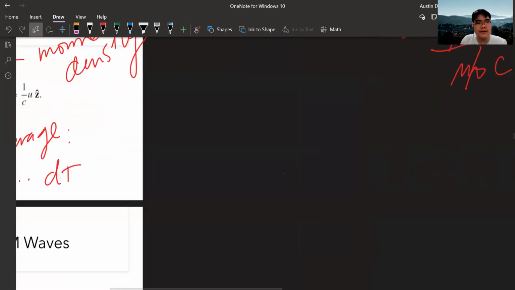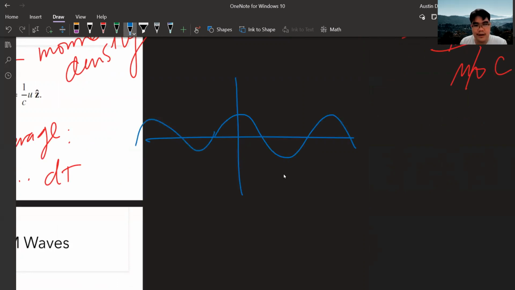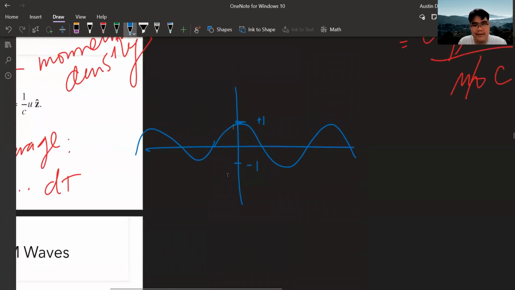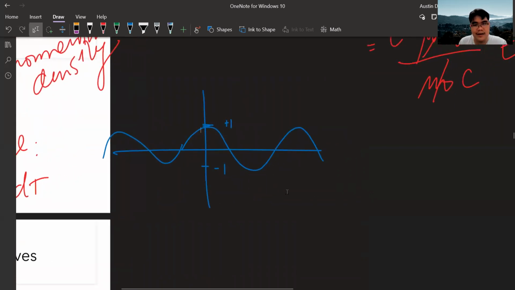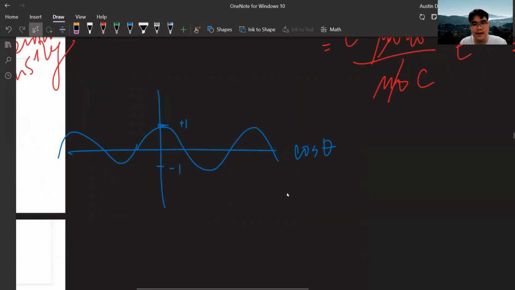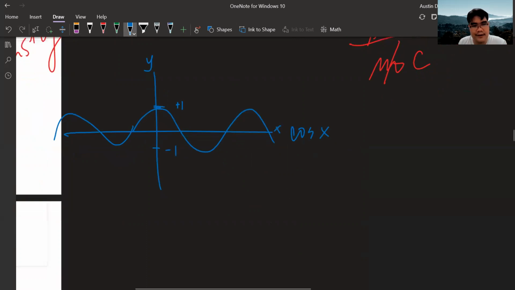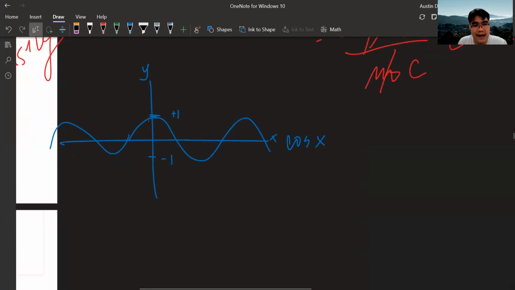So, yung cosine mo, the normal cosine. Okay, so this is 1, negative 1. So, ang time average nito, this is cosine x. Okay. So, when you have this, your values would rise and drop from 1 to negative 1 over time.